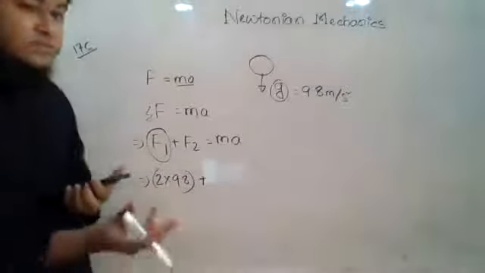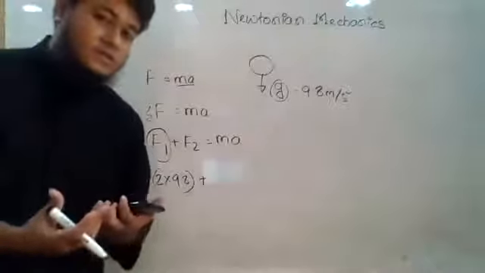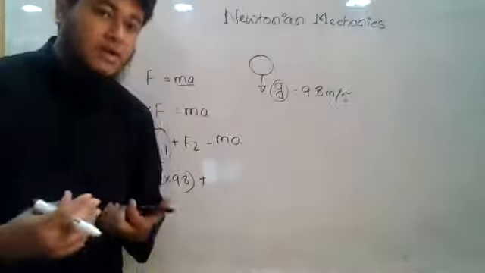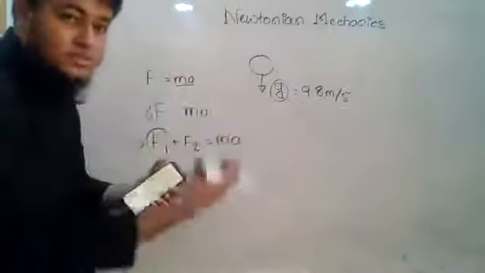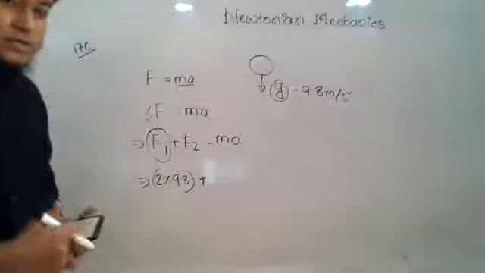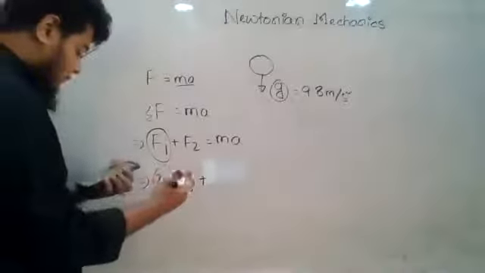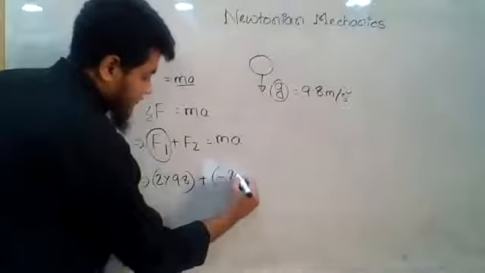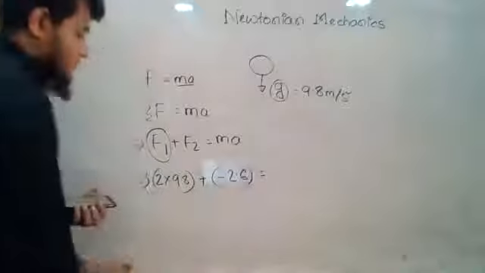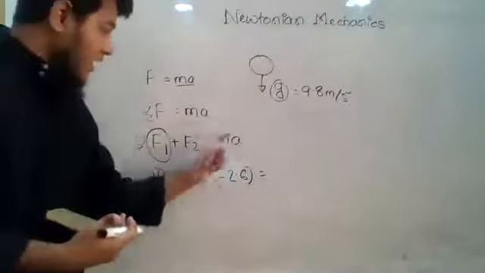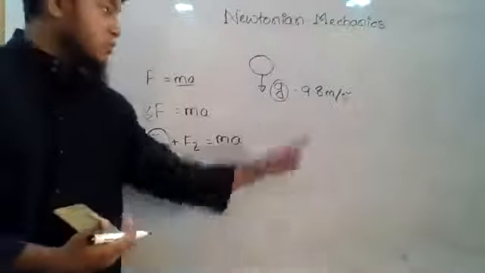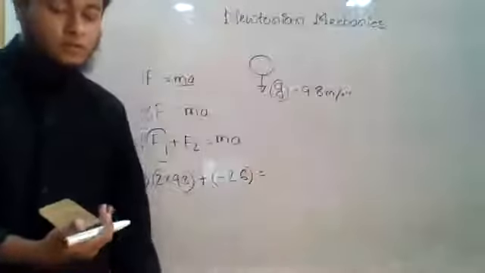Now a resistive force is acting. Definitely the resistive force always acts in the opposite direction of motion. The body is falling down, so the opposite direction of this motion is upward. So this force of 2.6 Newton, we have to write as minus 2.6, right? As a result, the resultant force will decrease, and there will be a new acceleration which will not be equal to 9.8 anymore. Understood?